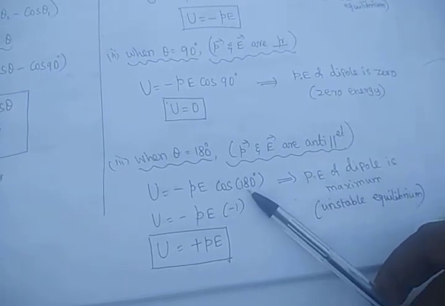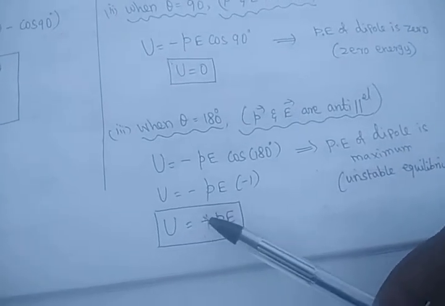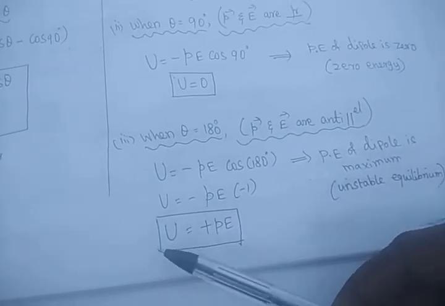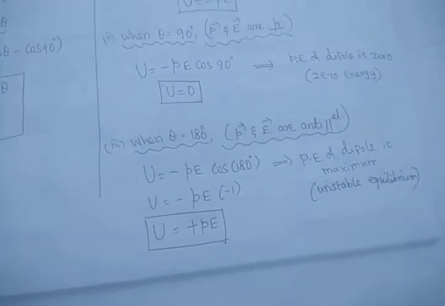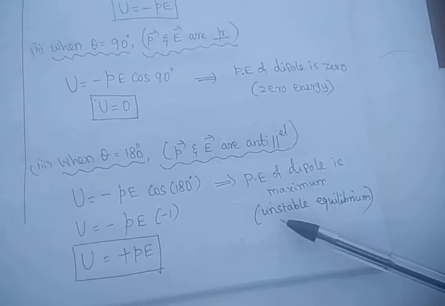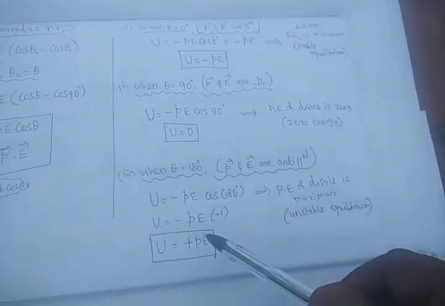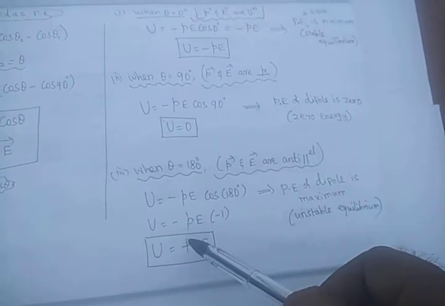If you substitute 180 degrees, we get cos 180 equal to minus 1. So minus into minus gives plus, and we get positive potential energy. So the potential energy is positive. Hence, the potential energy of the dipole is maximum and we get unstable equilibrium. So these are all the special cases we have to keep in mind from the exam point of view.